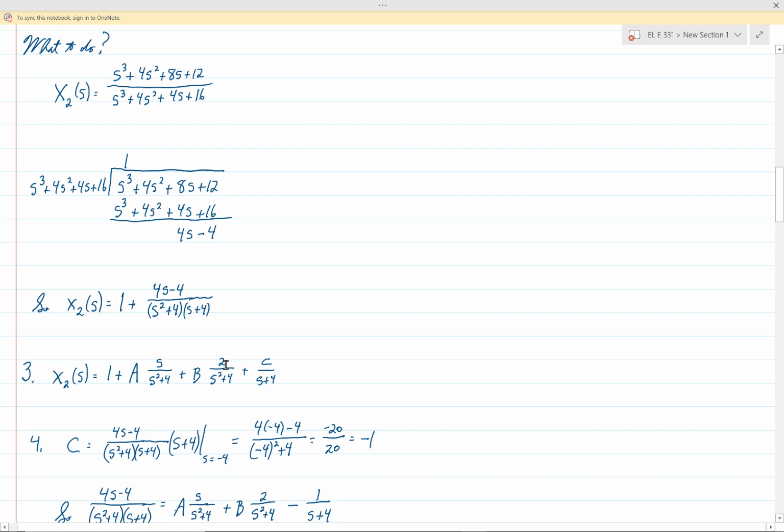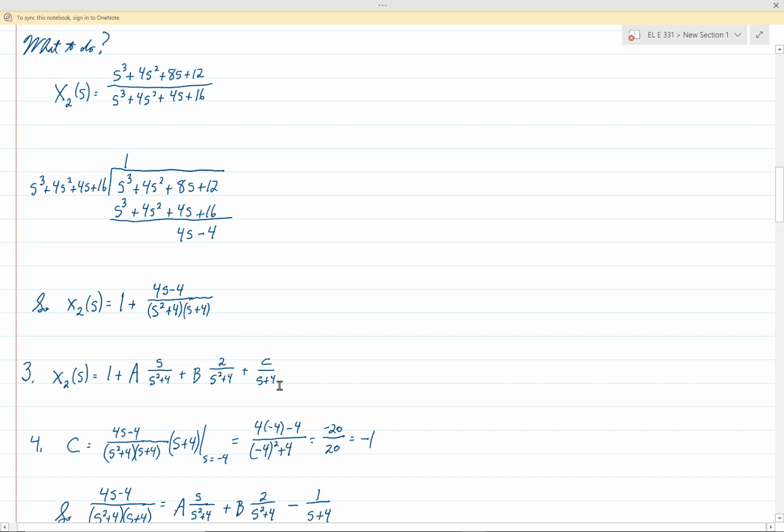And then there's omega naught over s squared plus omega naught squared, which is the Laplace transform of sine omega naught t u of t. So I'm going to put both of those things down here, and I'll make a the coefficient of the first one and b the coefficient of the second one. And then for the third term, we just have c over s plus 4.